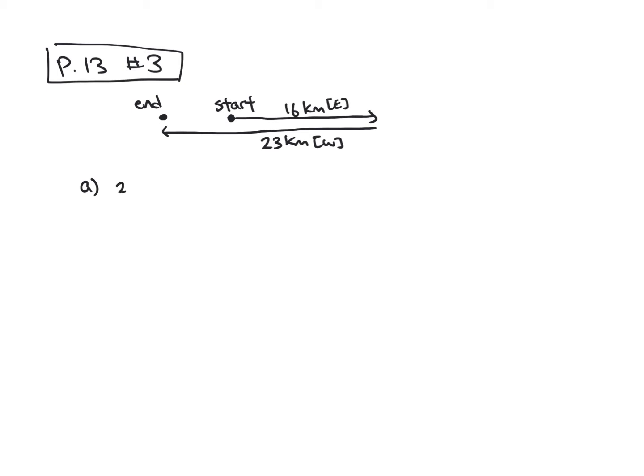And that gives me an answer of 7. Now, just based on the diagram, I know that 7 is in kilometers and it's west of where they started. So my answer is that the final position is 7 kilometers west of the campsite.